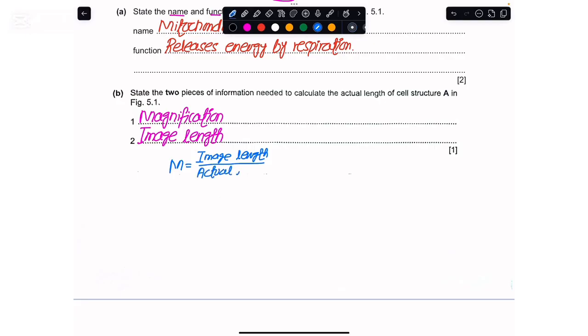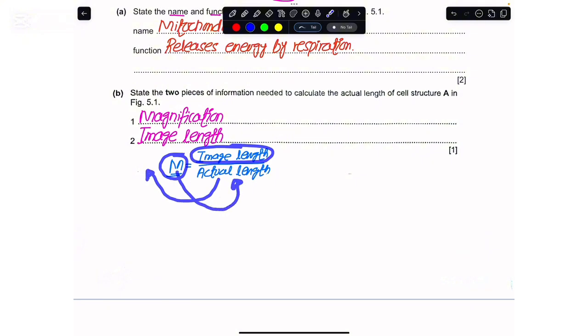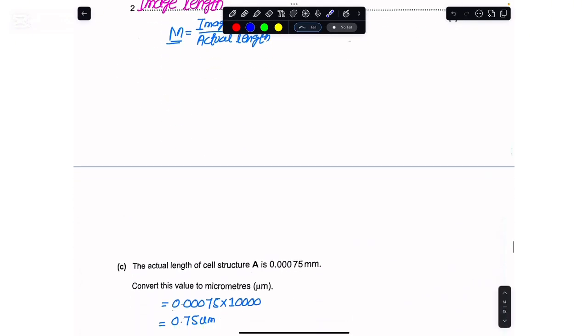This is the formula that we use to calculate the magnification. So if we are required to calculate the actual length, the other two pieces of information that we require are the magnification and the image length. So we would simply move the actual length here, the magnification would come here, and by that we would be able to calculate the actual length.